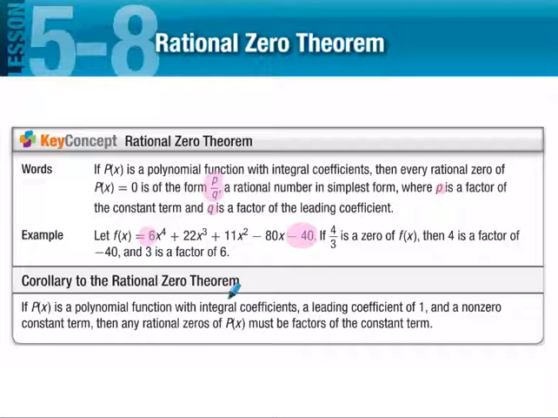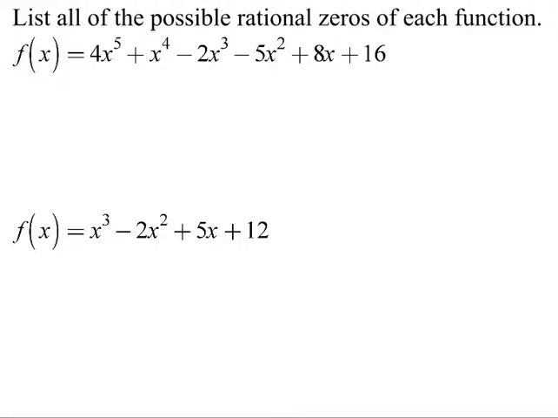We're going to call those the PRZs, for possible rational zeros. So let's look at this example. It says list all of the possible rational zeros of each function.